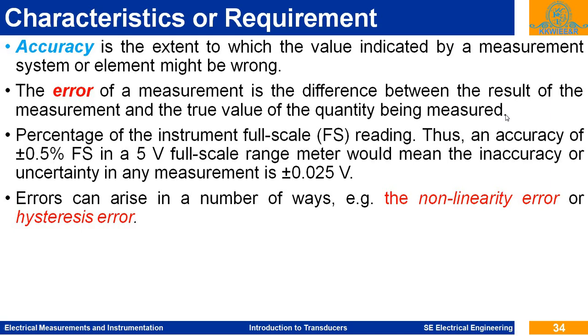So accuracy is the error of the measurement, as a percentage of instrument full scale reading. Take an instrument with a full scale from 0 to 5 volt: 0 is the minimum, 5 volt is the maximum full scale range of that meter. Thus an accuracy of plus minus 0.5% of full scale.